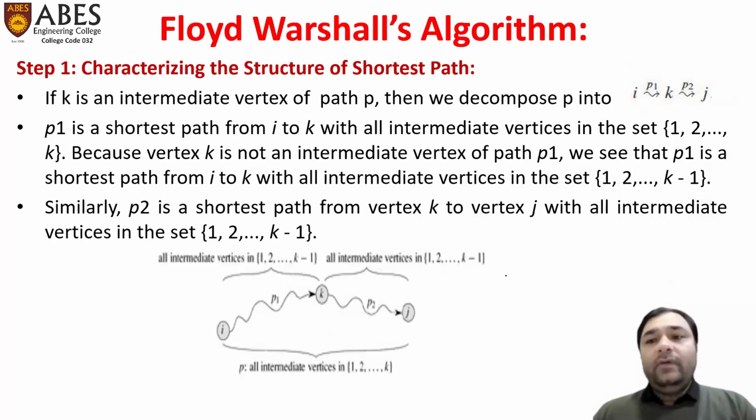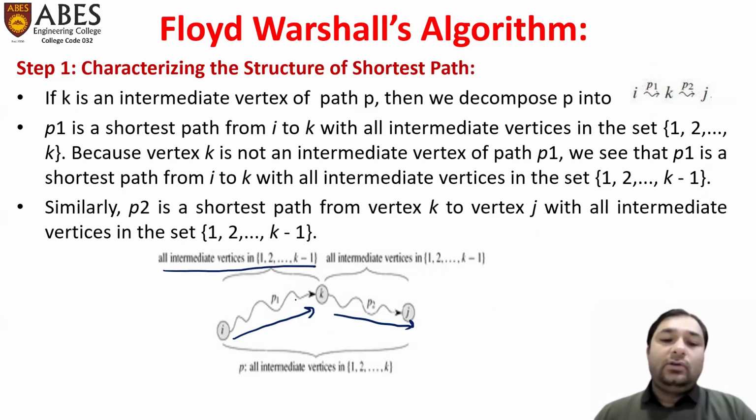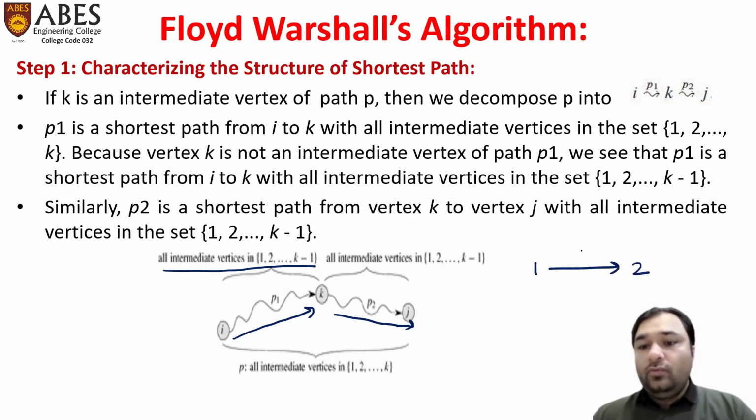Now, moving ahead, let's see I to K and K to J, and this is a path. All the intermediate vertices can lie in between this, from I to K. There can be multiple intermediate vertices. There can be a possibility that we have a path 1 to 2 with weight 5. But then there can be a possibility that we can come from 1 to 3, then 3 to 2 with weights 2 and 1.